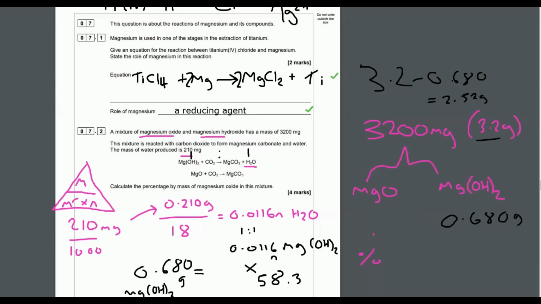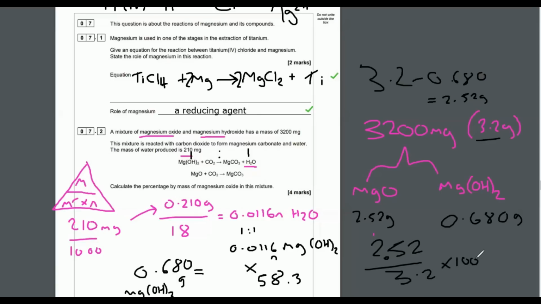So I've got 2.52 grams of that. And all I need to do now is work out that as a percentage of the whole. So I'm going to do 2.52 divided by 3.2 times 100 and see what we get.